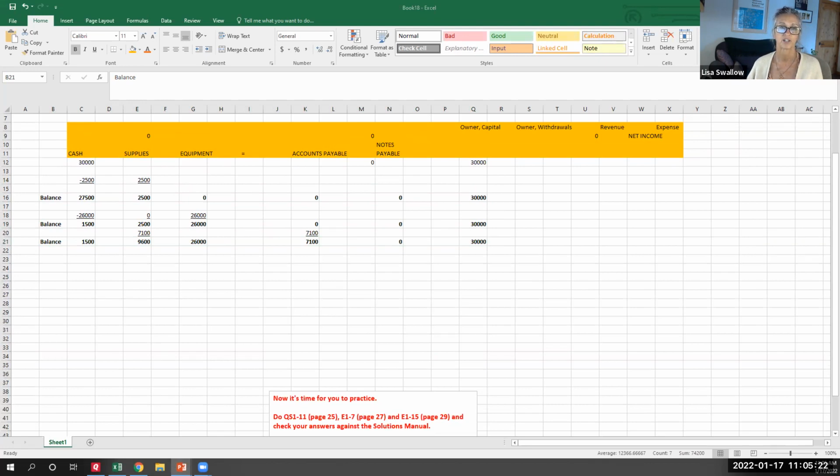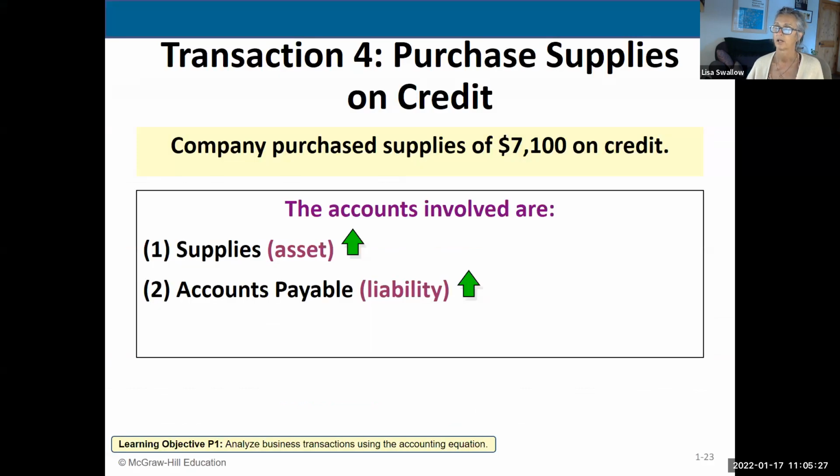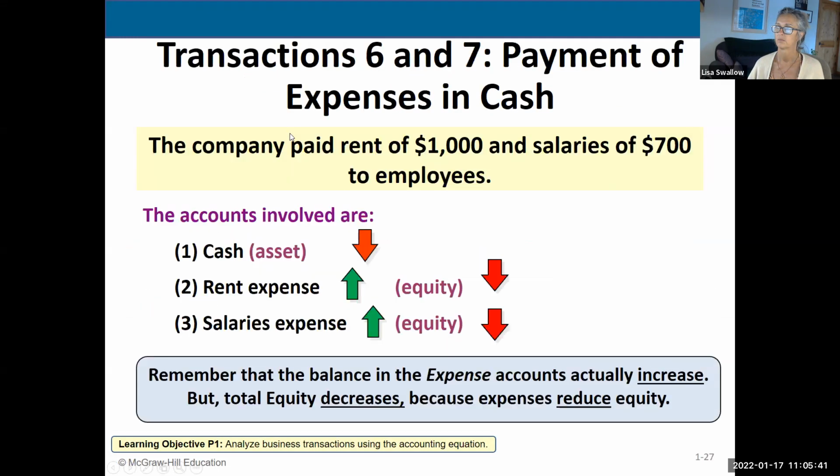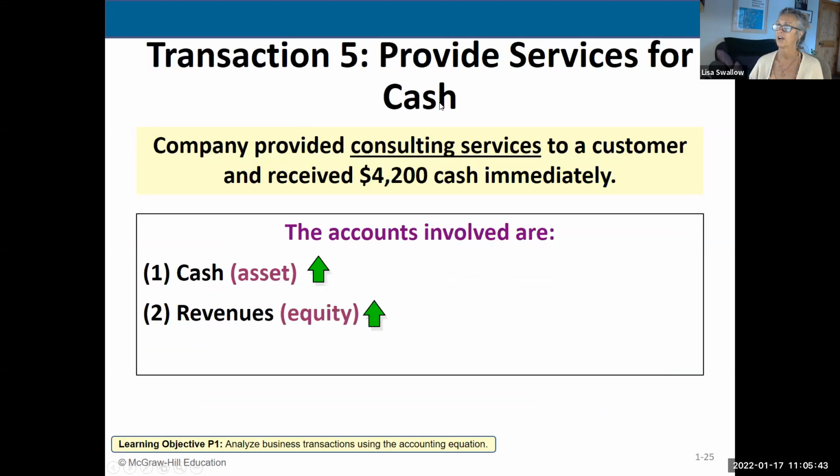Now we're going to transaction 5. Finally, I am earning some revenue.